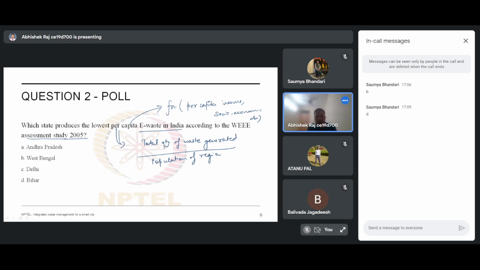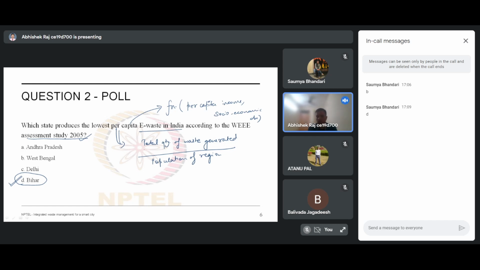What the study in 2005 found was that for the state of Bihar, the e-waste was the least. It may be due to several reasons. The per capita income of the state may be lower, so people don't use much electronics or appliances in the state, which can lead to low per capita e-waste.